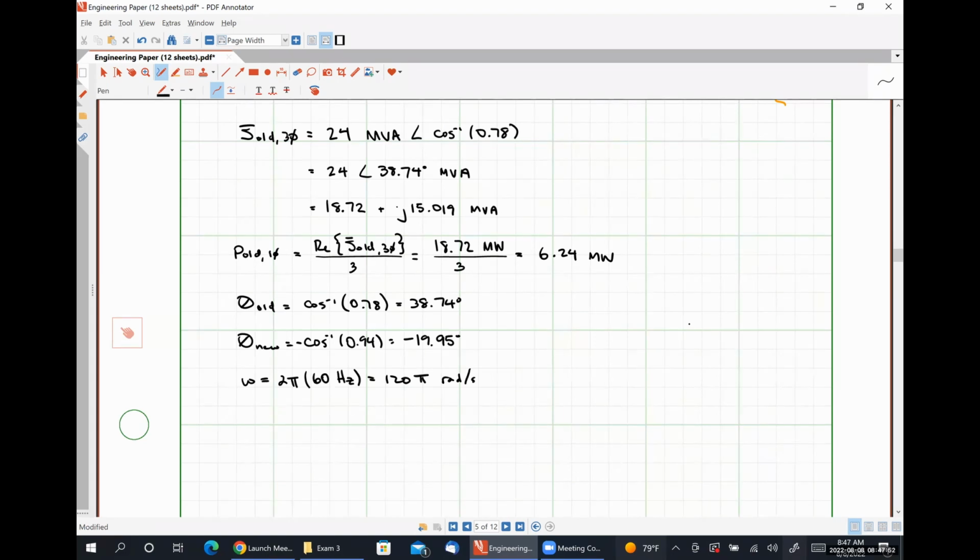And we're going to get two different numbers here. Okay. So let's consider first that the capacitor bank is Y connected, okay?